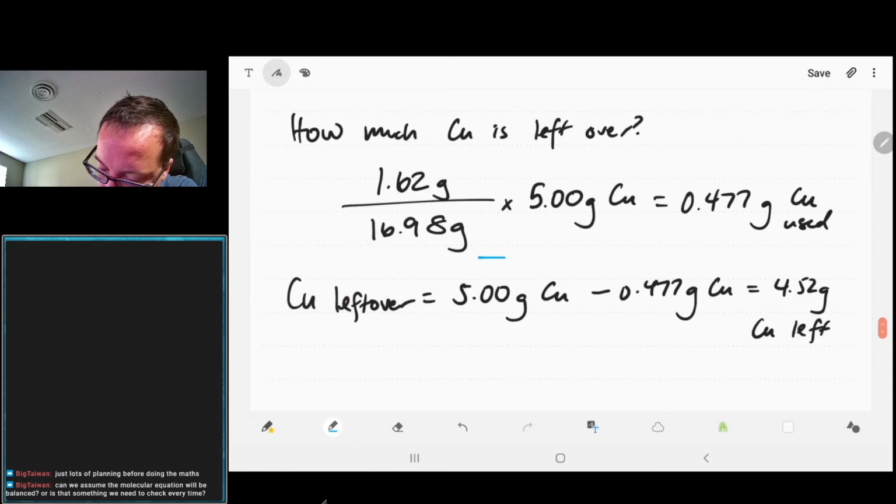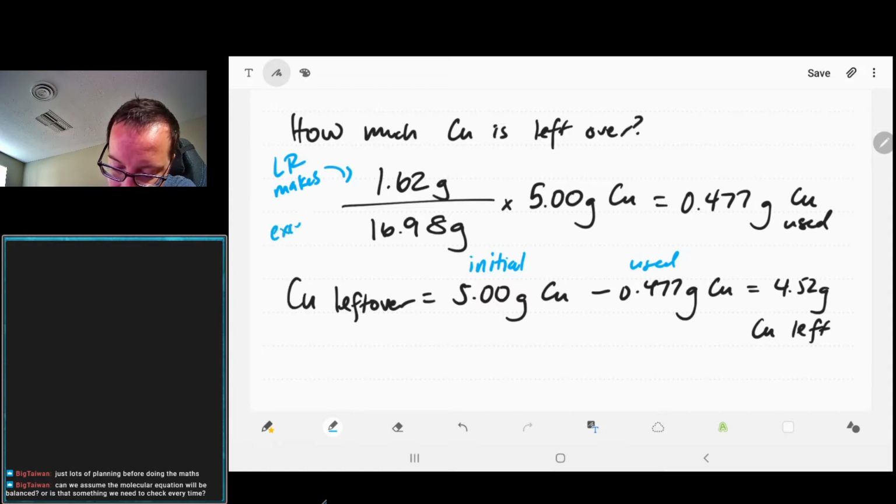So this is kind of the initial amount. This is our amount that we used. This was the amount that the limiting reactant makes. And that's how much we could have made with our excess reactants.